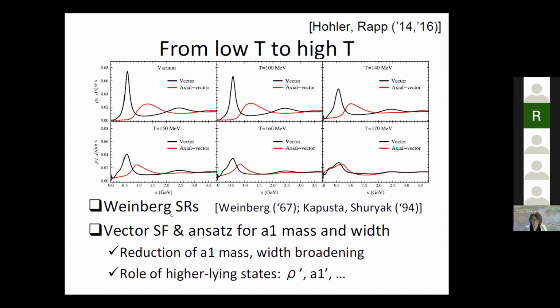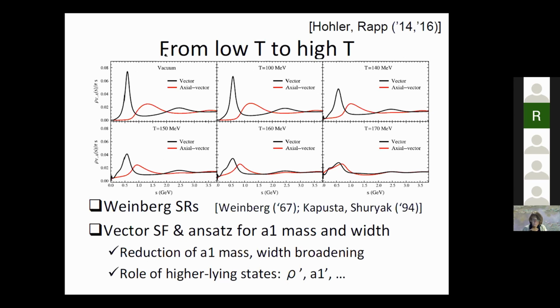The sum rules are made of three sets of equations. They started with the well-defined vector spectral function with a couple of well-motivated ansatz or parameterizations for the in-medium axial vector mass and the A1 decay width, and then solved the sum rules self-consistently at the given temperature.